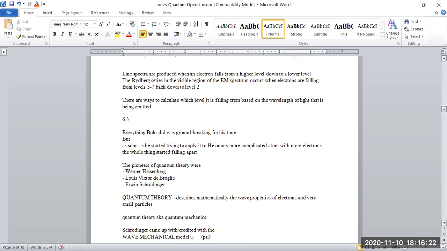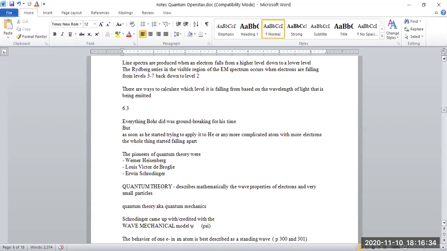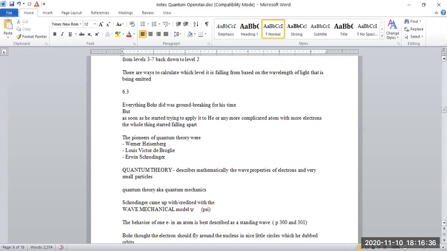So he had buddies, Heisenberg and de Broglie and Schrödinger and his famous cat. All of those famous dead guys are contributors to quantum theory, which is our modern understanding of how the atom is put together and how the electron layers work.